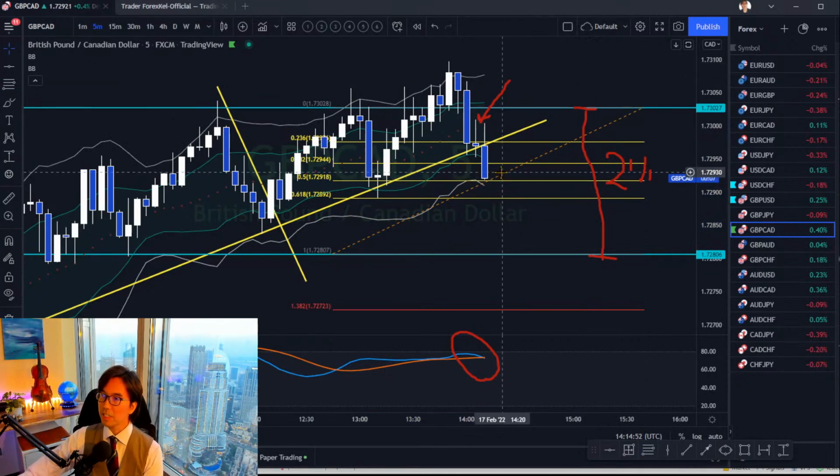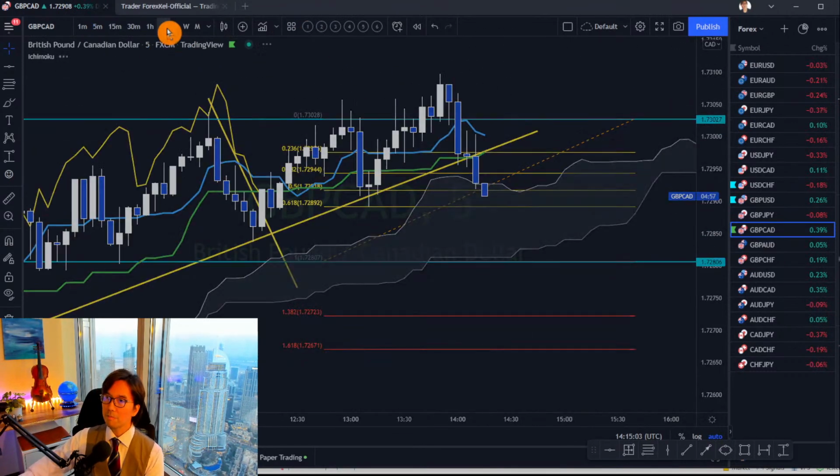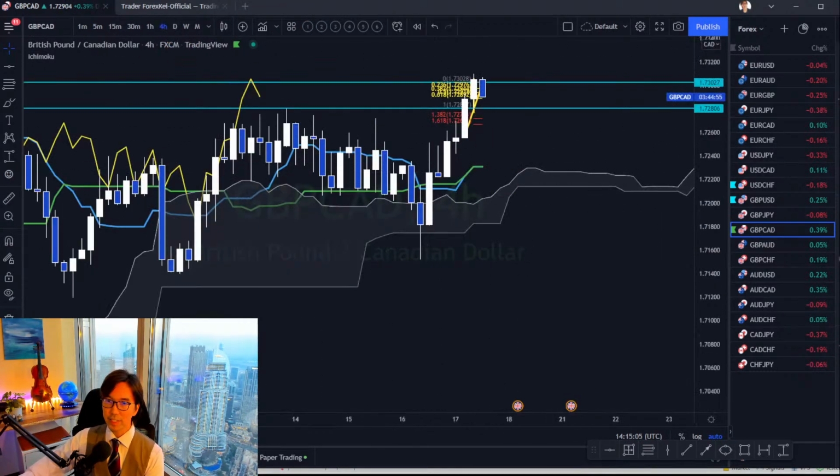But I can see the potential continuous range after this break, or continuous downtrend from here, and the market may reverse all the way back to the Kijun-sen in the forward chart. Usually when the Kijun-sen goes flat, the market tends to retrace back to the Kijun-sen.